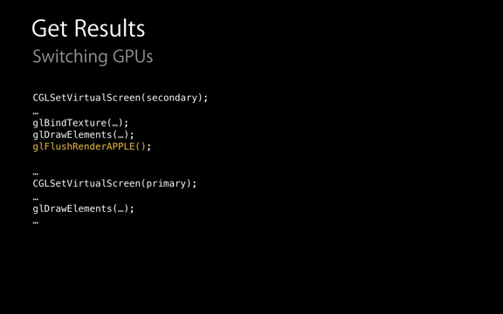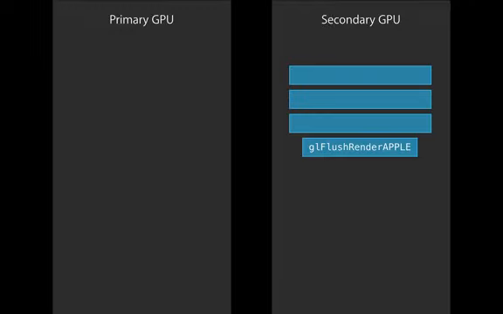That set virtual screen call allows the runtime to realize that I'm going to start sending work to the other GPU, and it'll take care of synchronizing the data that I wrote on the other device over to the device that I'm going to start using when I issue the next draw call.